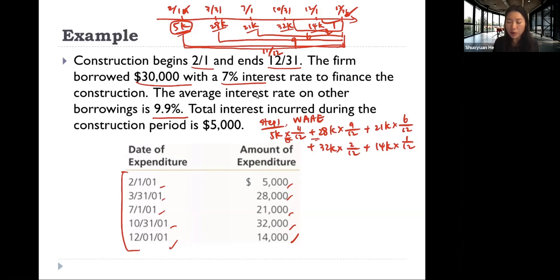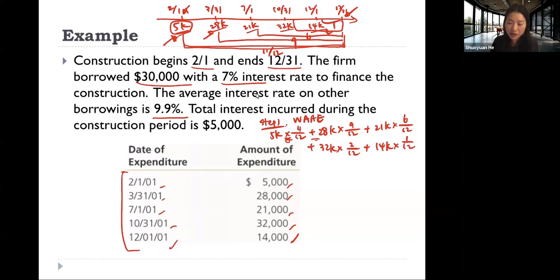For example, the firm needs to borrow the first 5,000 on February 1st, and it is in use for 11 months until the end of the project. For the next 28,000, the firm doesn't need to borrow it on February 1st.